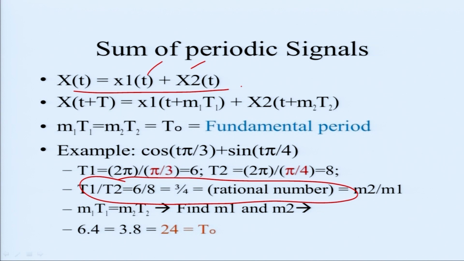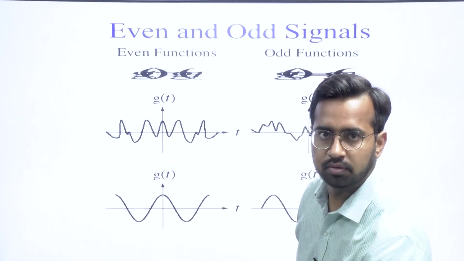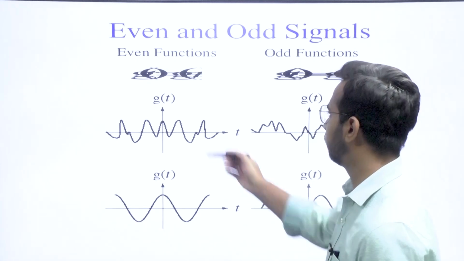For example, here there are two signals, one with time period 6, another with time period 8. The ratio 6 by 8 gives 3 by 4, which is a rational number. That means the sum of these two periodic signals will also be periodic.